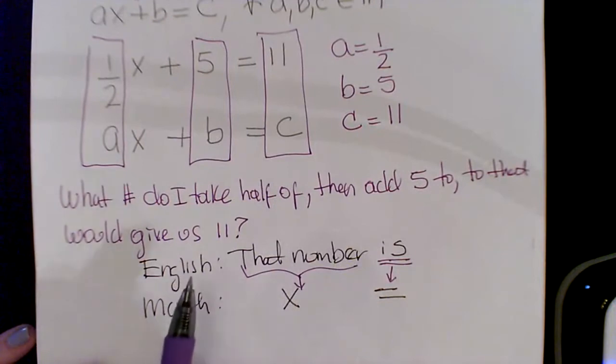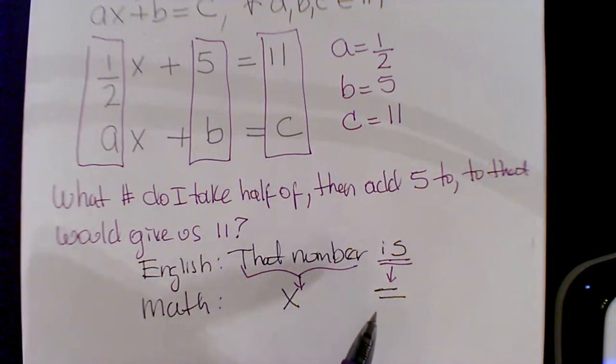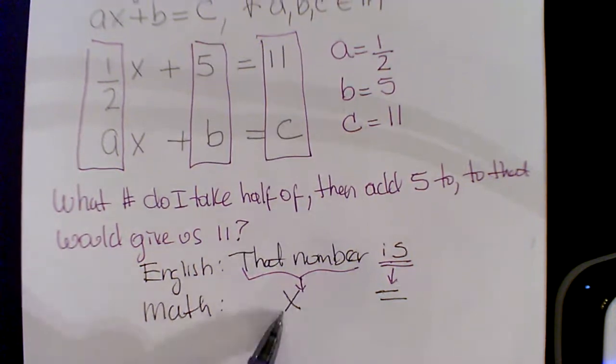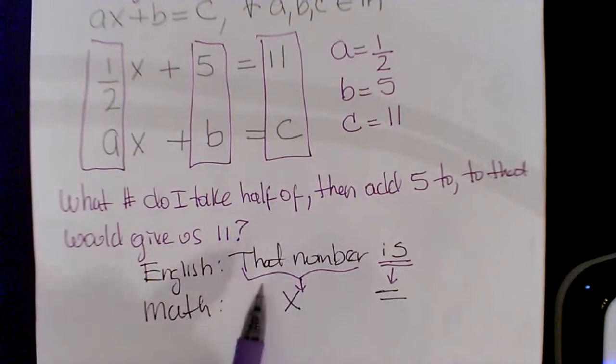So we want to find the number that makes this equation true and at the same time answers the question. We will always say x is equal to, like we do in math, or that number is.